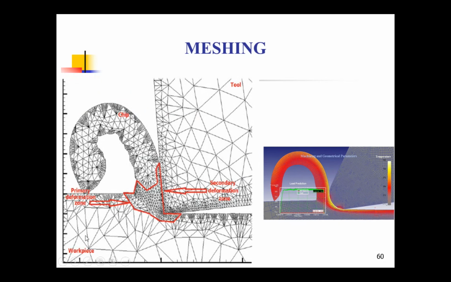You can see here. So this is two-dimensional, and here we are going with a triangular element. On the right side also you can see, at the place of contact we can see finer meshes, and when we move away from that you can see coarse meshes. This will be taken care of by the system itself.